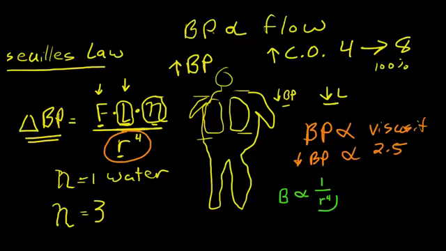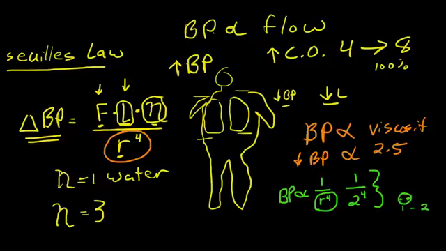And what this means is if you increase the radius by a factor of 2, so if you have a vessel that is 1 centimeter in diameter, and you increase it from 1 to 2, actually you are going to decrease blood pressure because it's inversely related.